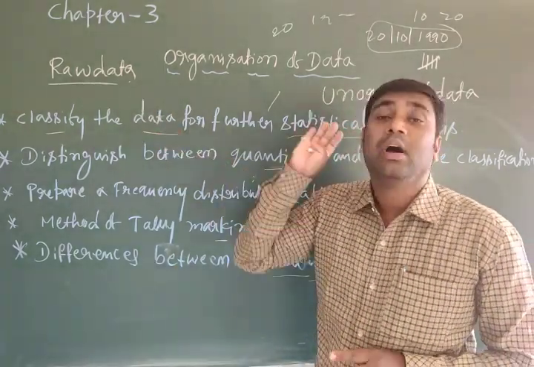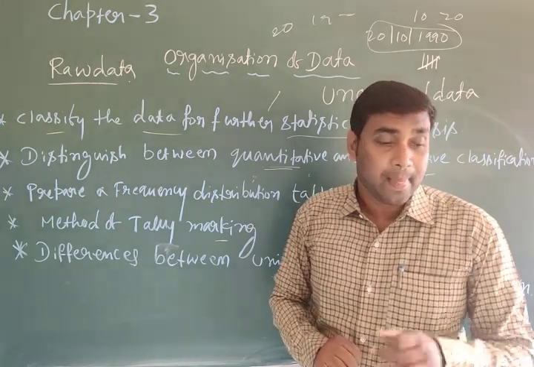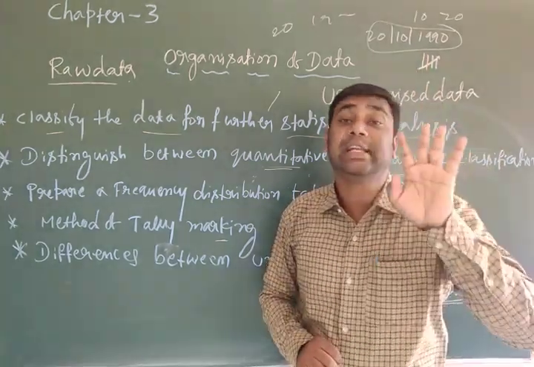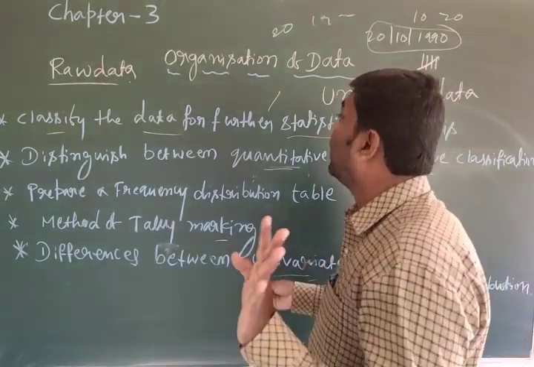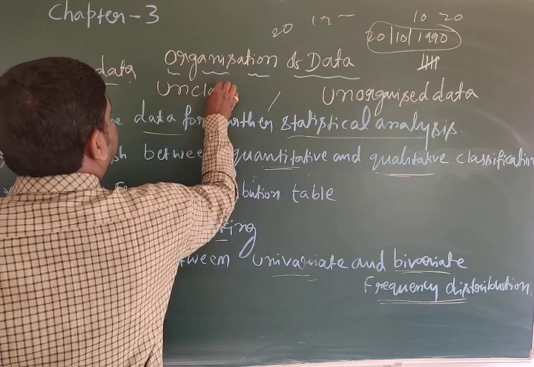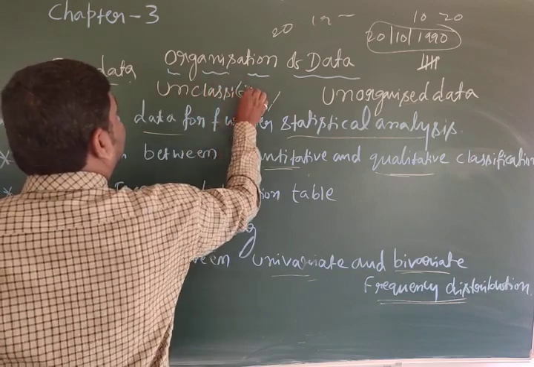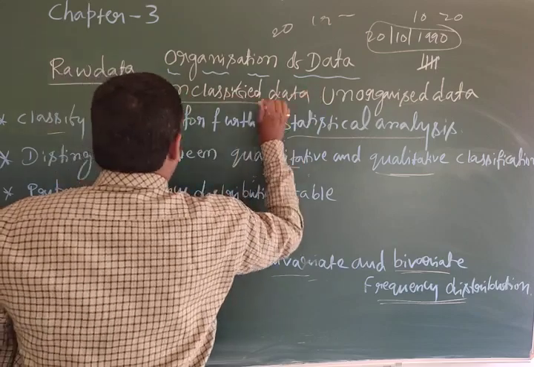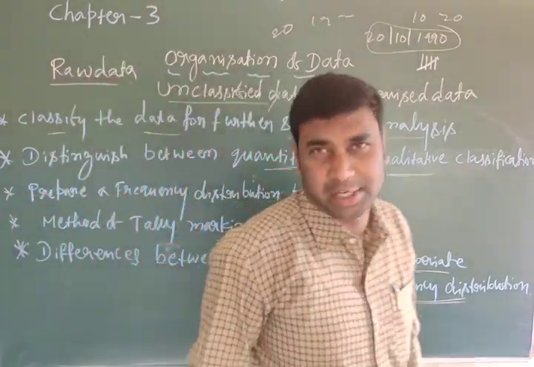So raw data means unorganized data, otherwise unclassified data. Unclassified data are called raw data.